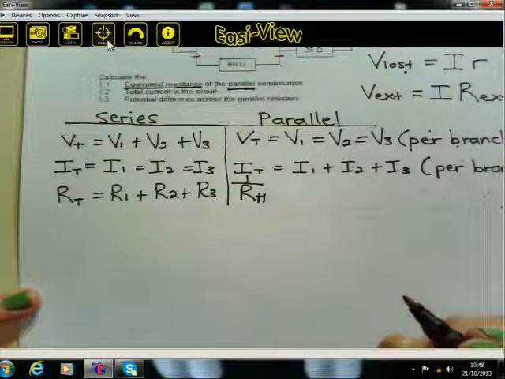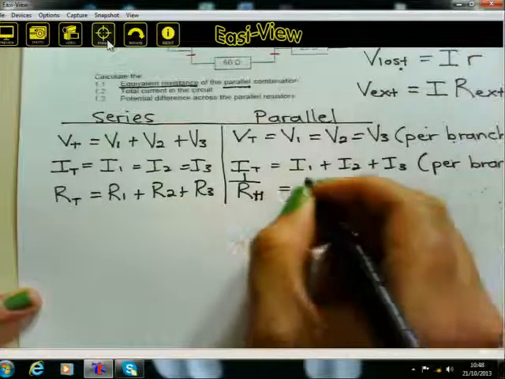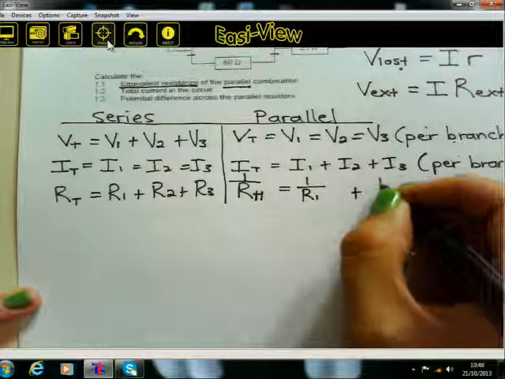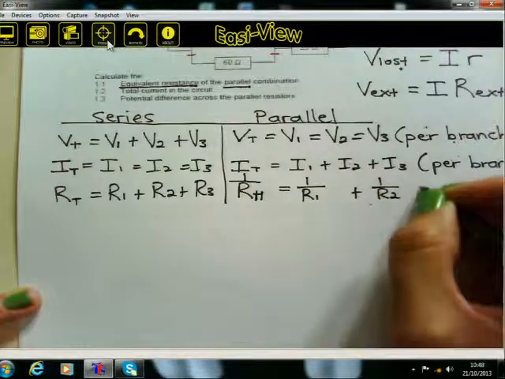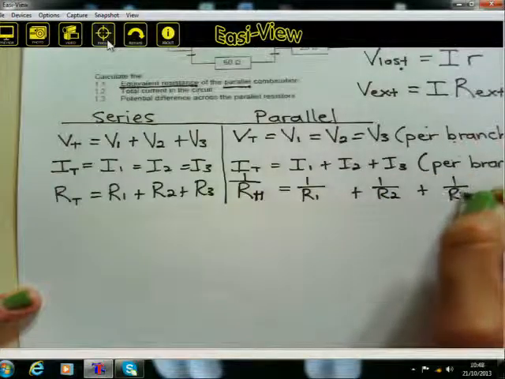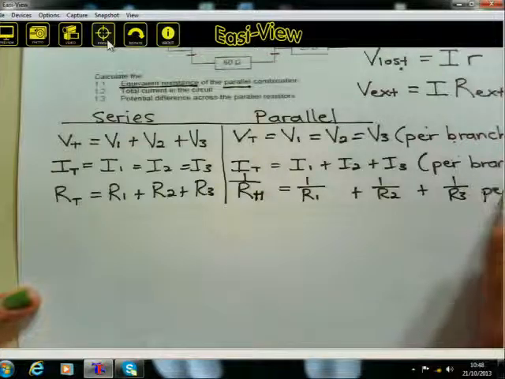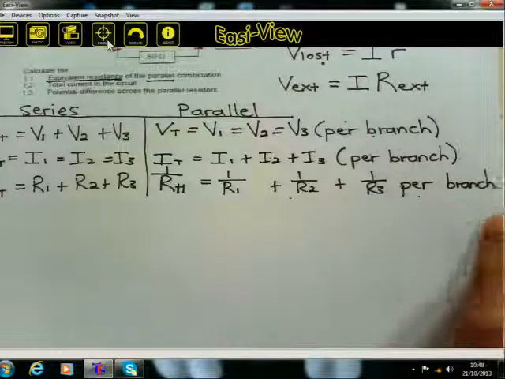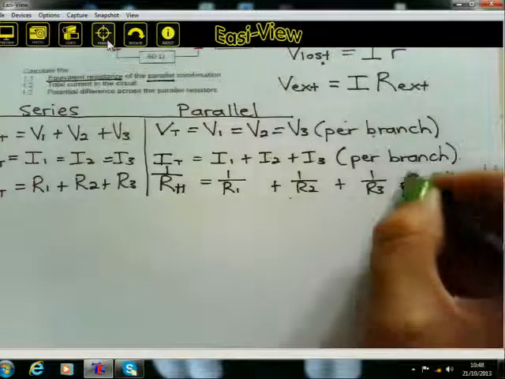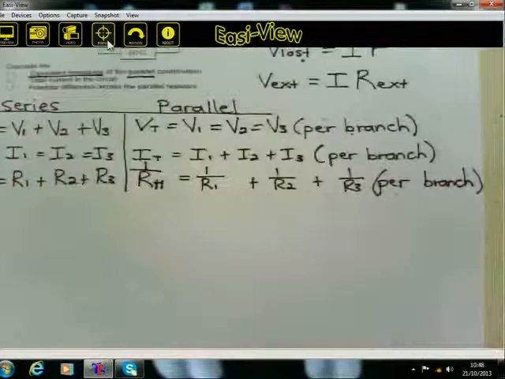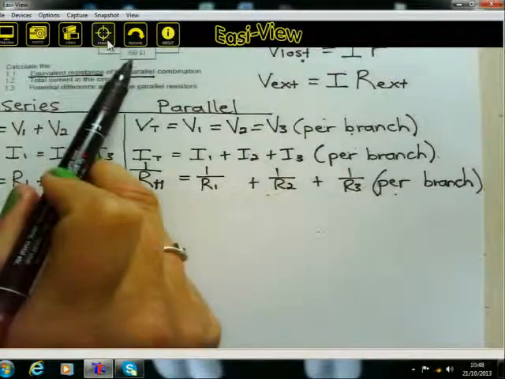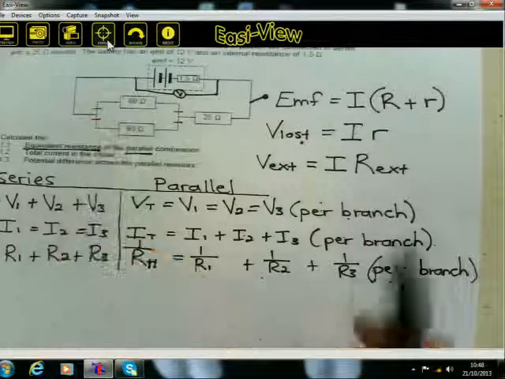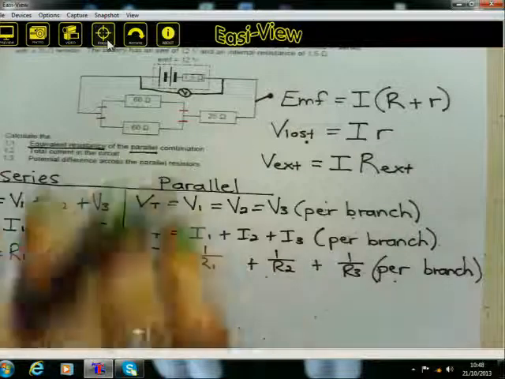Let's rather make it R parallel, which will be 1 over R1 plus 1 over R2 plus 1 over R3. Very important, per branch. So if one branch has two resistors in it, you'll add them together before you do the 1 over. We'll see when we do this one.